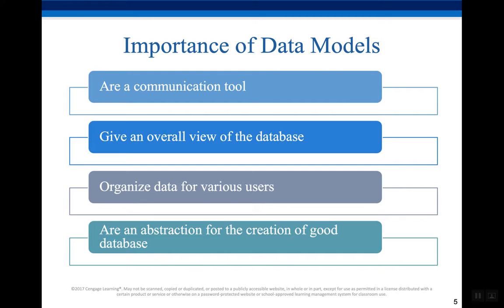So a couple things about the importance of it. It is a fundamental piece when we're dealing with databases and data structures. First and foremost, it's a communication tool. It's a way of taking something abstract like data and organizing it, translating it, and communicating it around with other people. It gives an overall view of the database, the big picture.